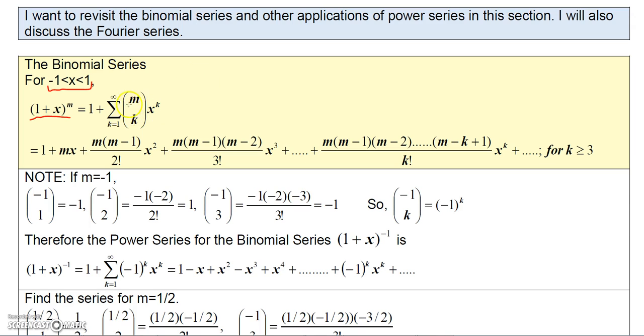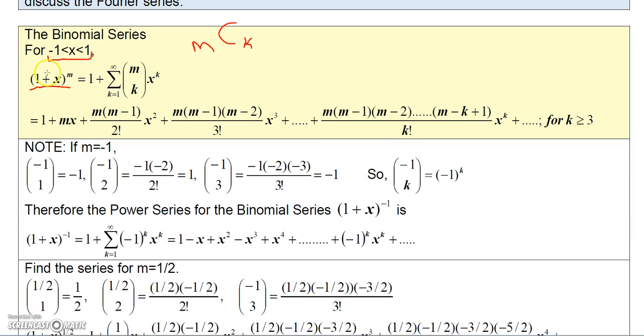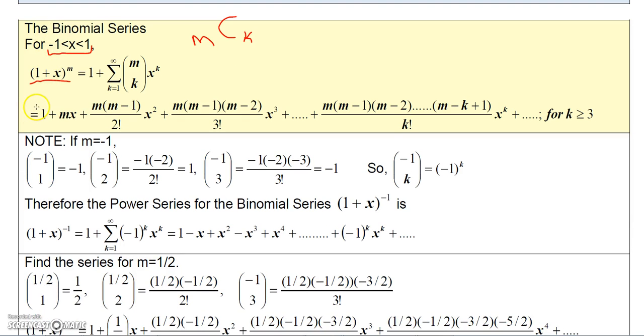Now, this notation with the parentheses is actually a combination, and it just means m choose k. So if you're not familiar with combinations, you can Google that and find an explanation.